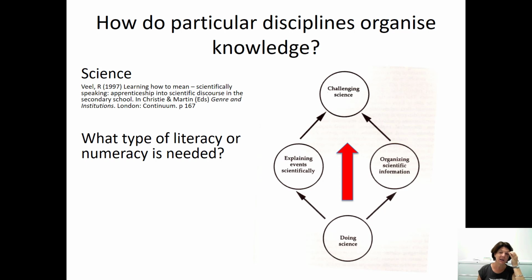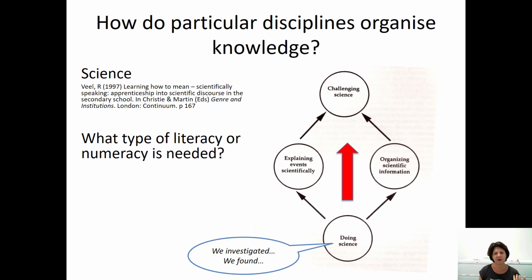So if we're thinking about how science then changes over time through high school, as well as these outside changes that are impacting on the way we even think about science, literacy and numeracy becomes quite basic then to how we work with our scientific information. So for example, in that early understanding of science, students' literacy will be around, we investigated.